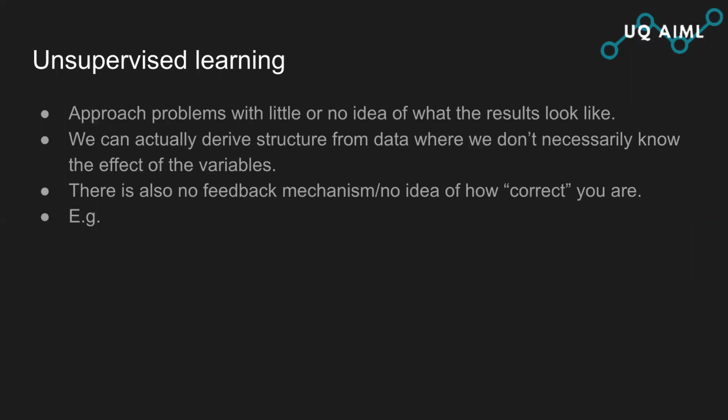The second type of distinction of machine learning problems is unsupervised learning. These are problems where we have little or no information on what the results should look like. A common example of an unsupervised learning problem is customer segregation. An example of this is go-karts.